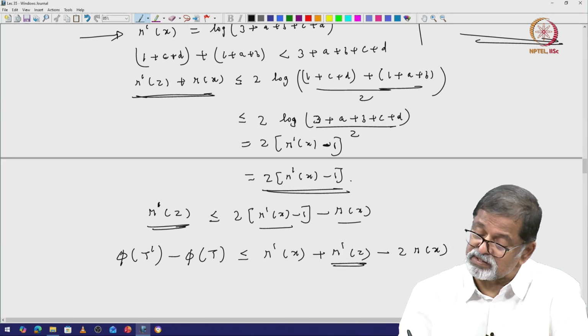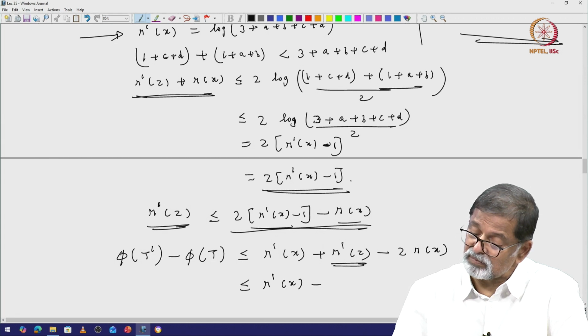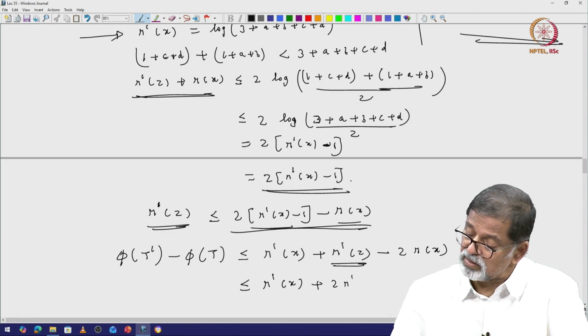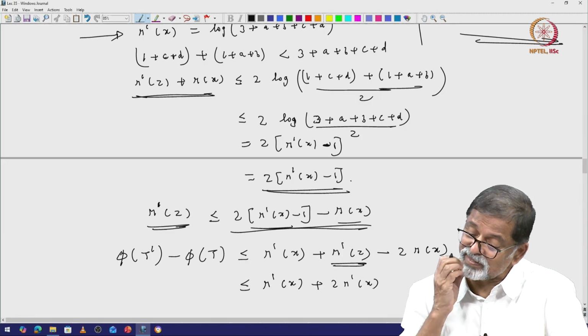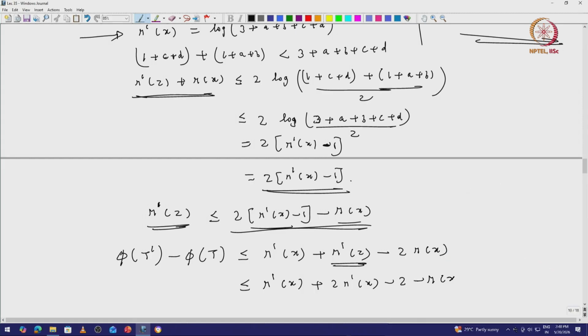But r dash z is less than or equal to this expression. So, I plug in that: less than or equal to r dash x plus 2 r dash x minus 2 minus r of x minus 2 r of x. So, this is equal to 3 times r dash x minus r of x, because you have minus 3 r x, you have plus 3 r dash x and this minus 2.